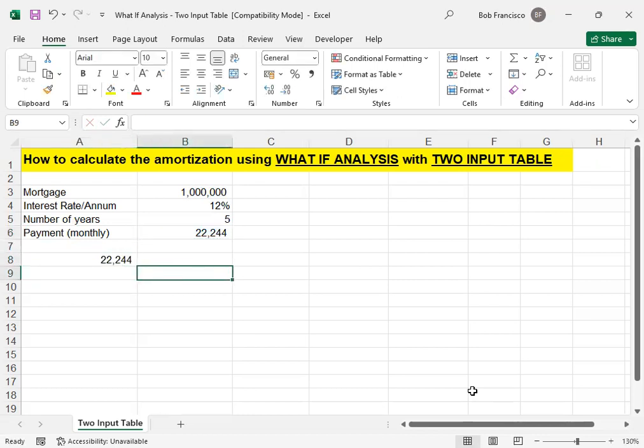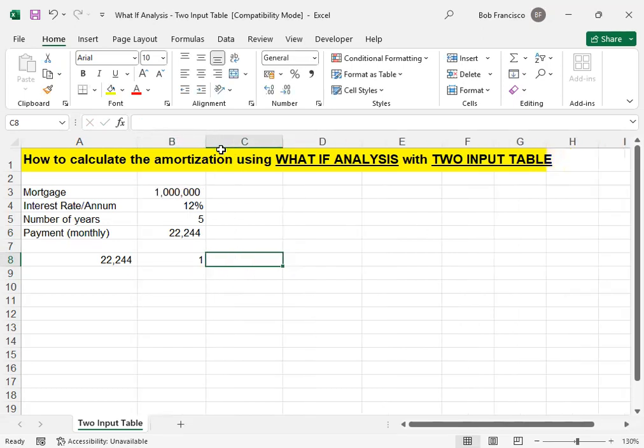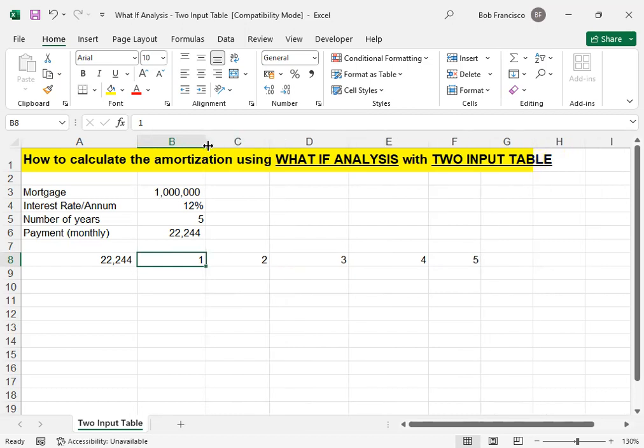And then the next thing that I'm gonna do is put the years. Let's say first year, second, third, fourth, and fifth. All right. Okay. The column is too wide.